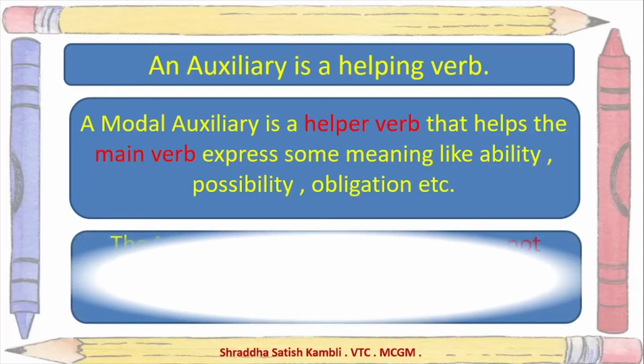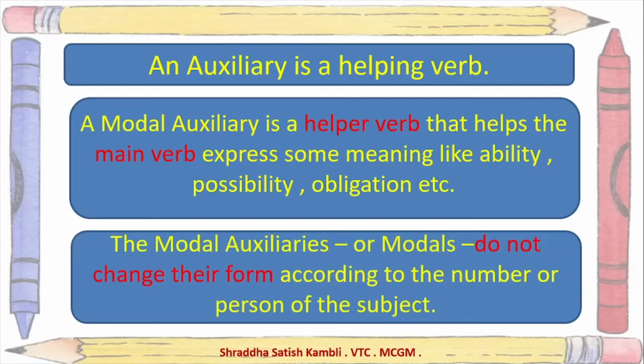Now one very important thing is that modal auxiliaries or modals, they do not change their form. That is, a modal auxiliary, for example, can is a modal auxiliary. It does not become cans, okay? And must is a modal auxiliary. It does not become musts ever in a sentence. So it does not change according to the number or the person of the subject.